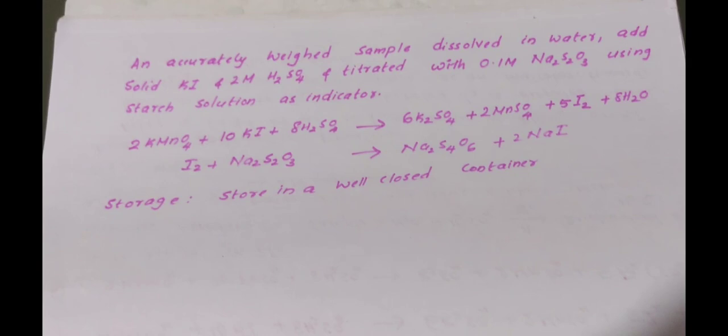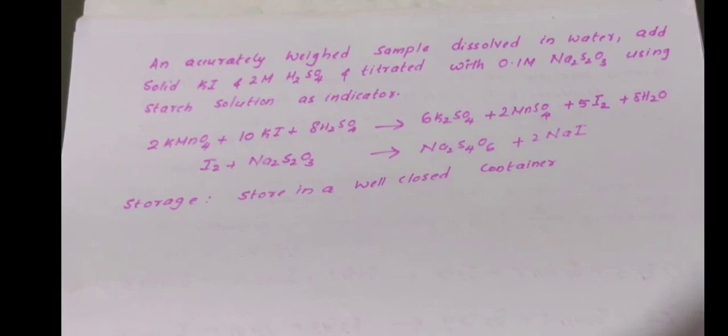Then iodine is liberated and titrated with sodium thiosulfate solution using starch as an indicator towards the end of the titration.